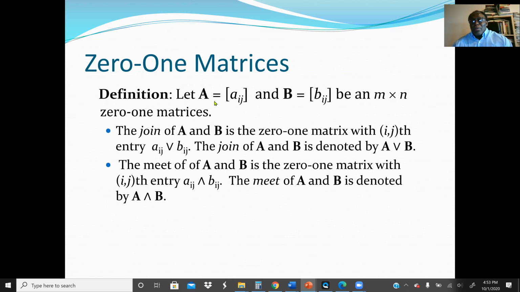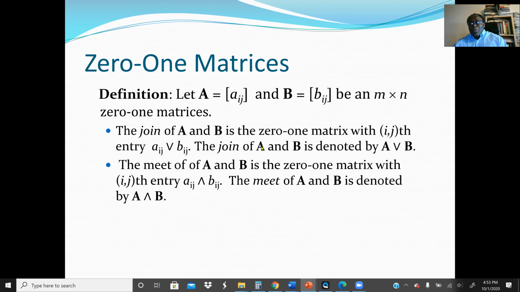So we say let A be Aij, where ij is the subscript for the position of the element. And we have matrix B, whose subscript also is ij. So we can have an n by n matrix with all elements 0 or 1. Now the join of A and B is a 0, 1 matrix with ij entry Aij disjunction Bij.